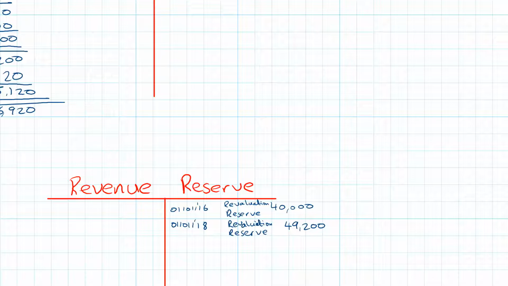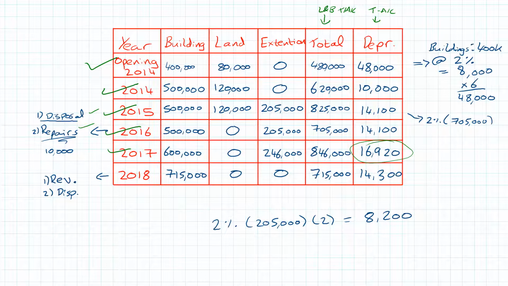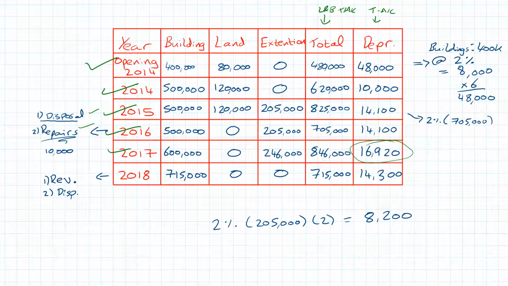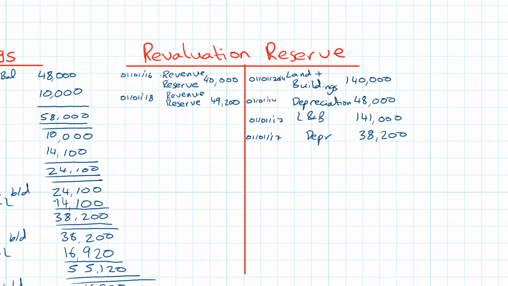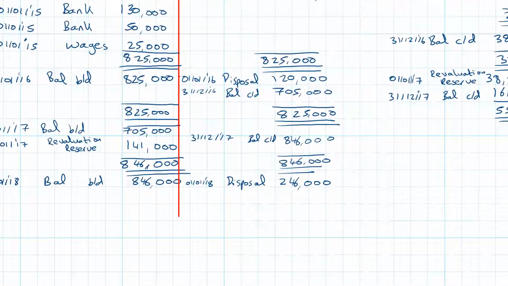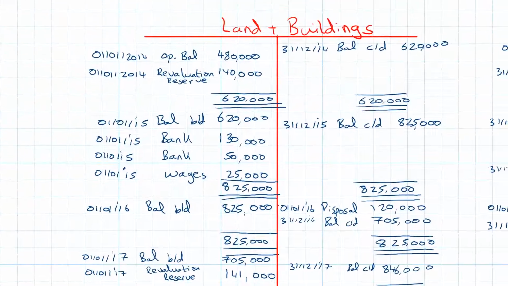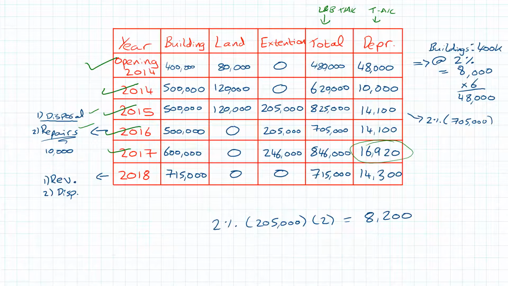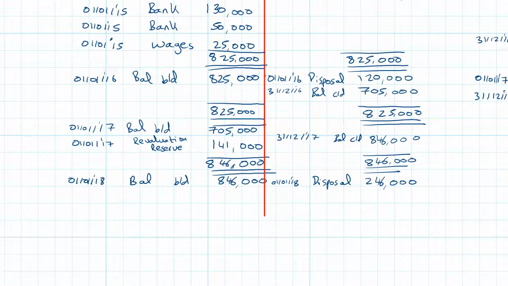Almost there. So we need to incorporate the 14,300 and we need to incorporate the revaluation. So the revaluation is 115,000. So in our land and buildings, we're going to increase how much? 115,000.